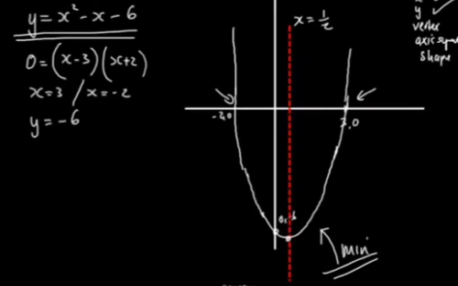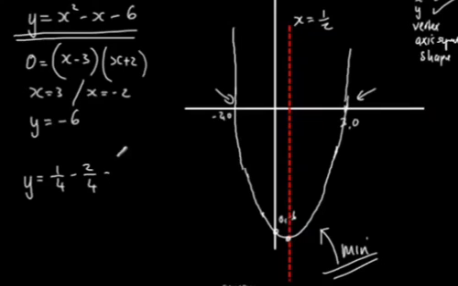So with our minimum point, we could find the coordinates by simply substituting in that x was equal to 1/2. If I wanted to put it in here, I could put it in here. If I wanted to put it in here, it's entirely up to me. So the y coordinate is going to be 1/2 squared, which is 1/4, minus 1/2, which is 2/4.